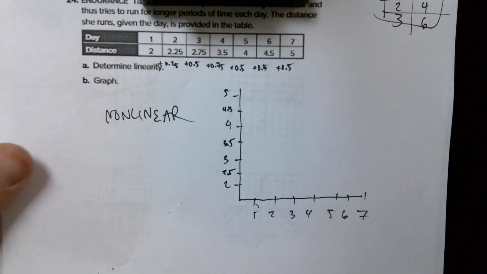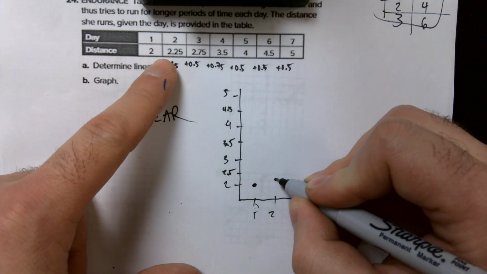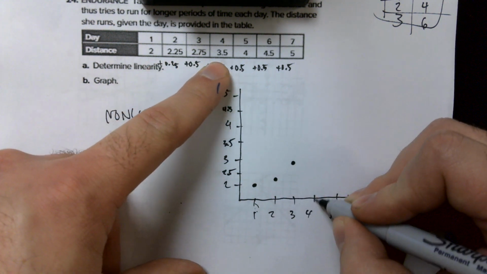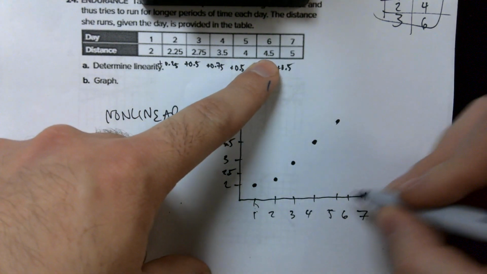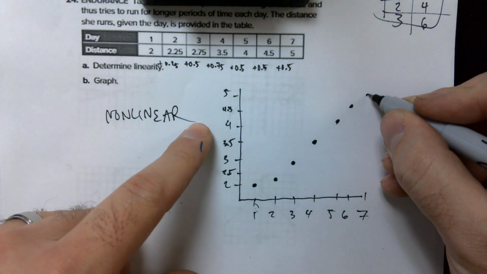It's not hard to sketch a graph. 1, 2 is right there. 2, 2.25. 3, 2.75. 4, 3.5. 5, 4. 6, 4.5. 7, 5.